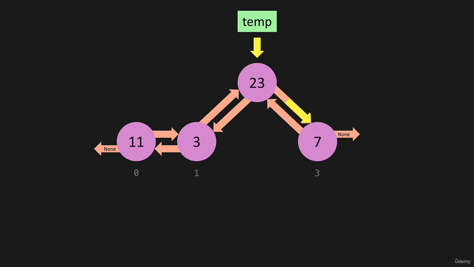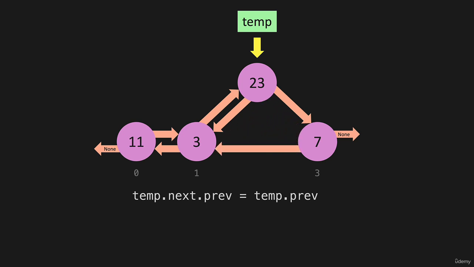Temp.next.previous. That's the first one. You can represent that by saying temp.next.previous. We're going to set that equal to temp.previous. And the code looks like this. Temp.next.previous equals temp.previous, and that points that down here.